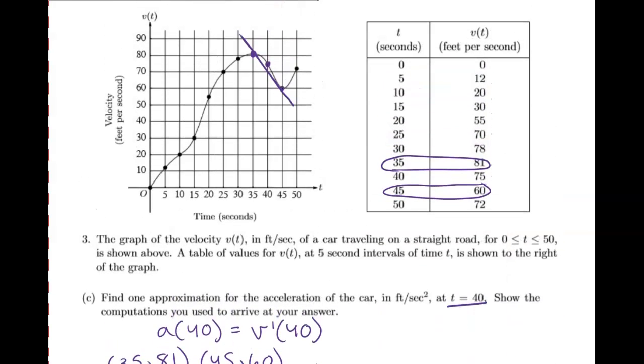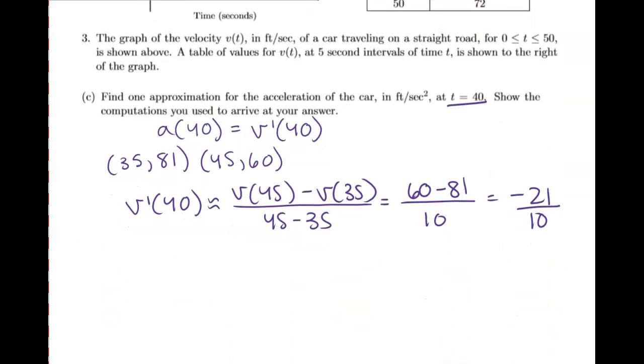Negative should make sense because it's definitely decreasing, so the rate of change should be negative. So then we know acceleration at time 40 seconds is approximately negative 2.1 feet per second squared.